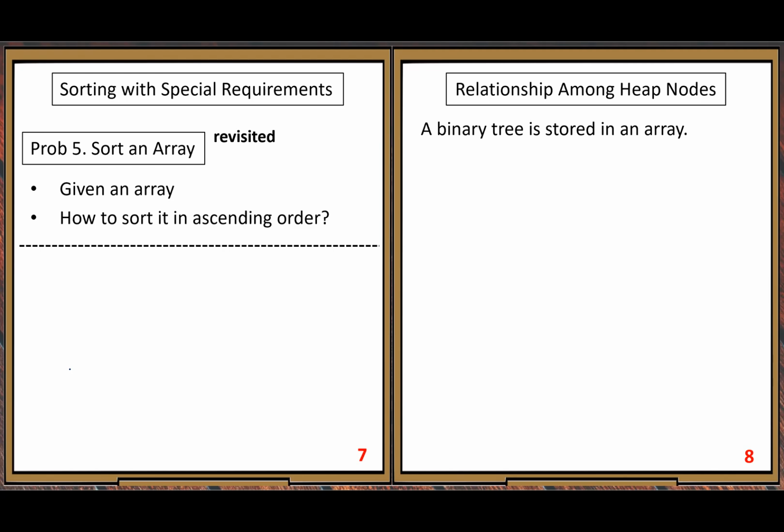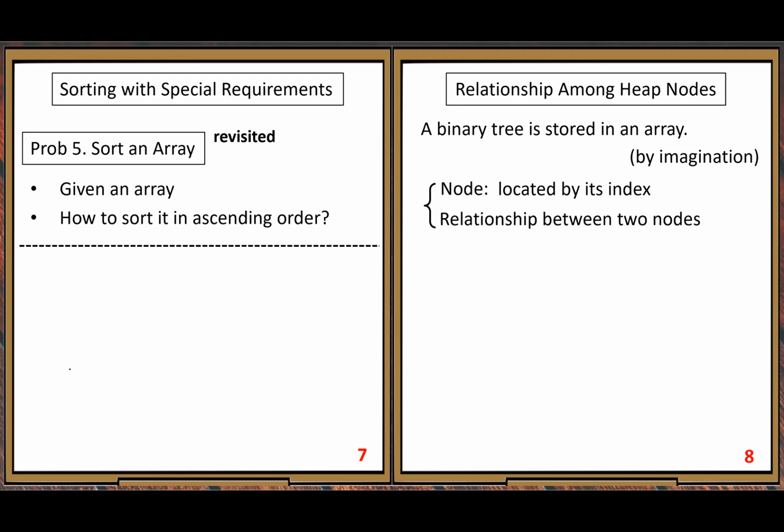But we want to use a linear structure to describe a multi-level structure. Here we can do it in this way. For each node, we know its index, its location, so we use that information to identify different nodes.